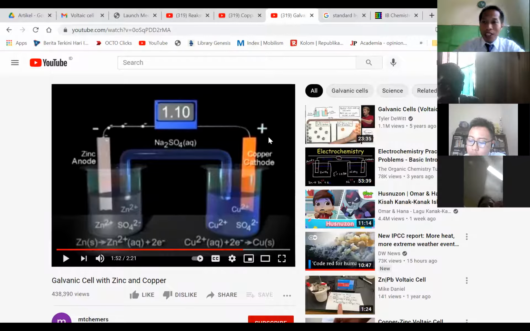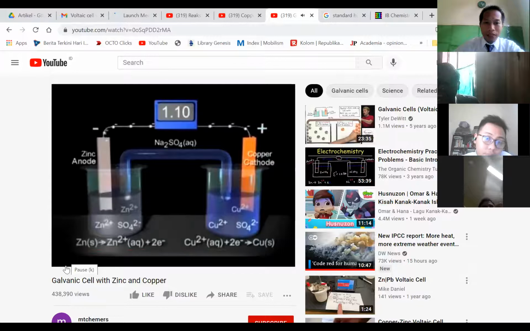And there will be current, of course, because of the movement of the electrons, in the opposite direction from positive to the negative. There will be a current in these wires, from the anode to the cathode through the external circuit.